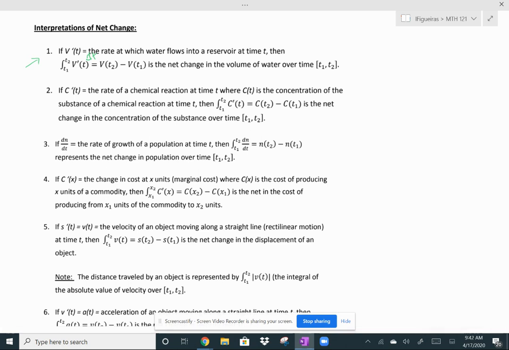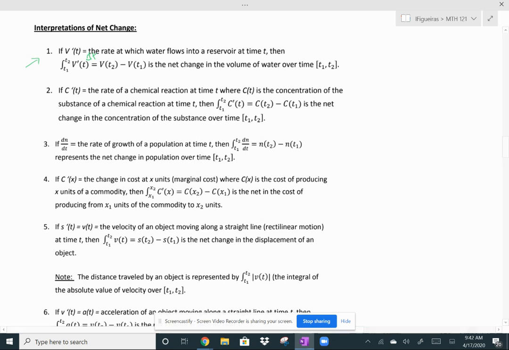And what that represents is the net change in the volume of the water. The derivative is how fast the water is flowing into the reservoir. As water flows in, the volume is changing. When you integrate that, you get how much of a change there has been in volume.